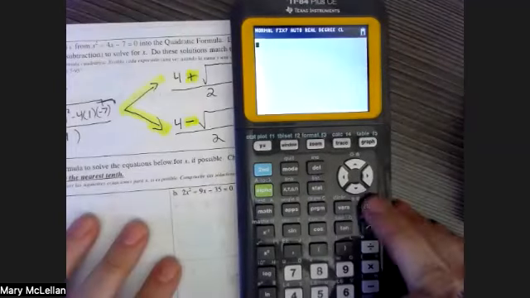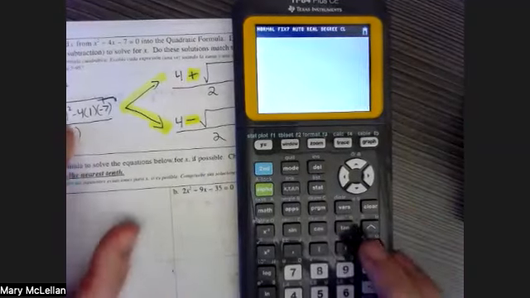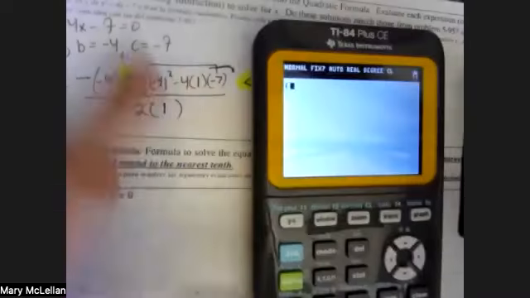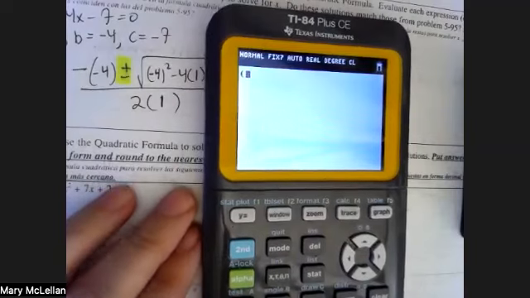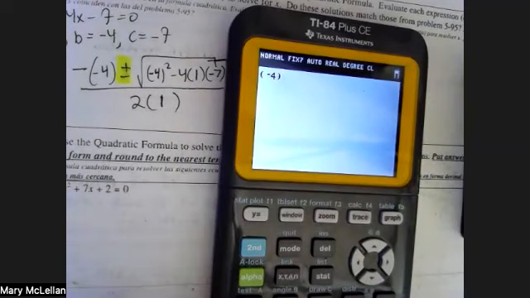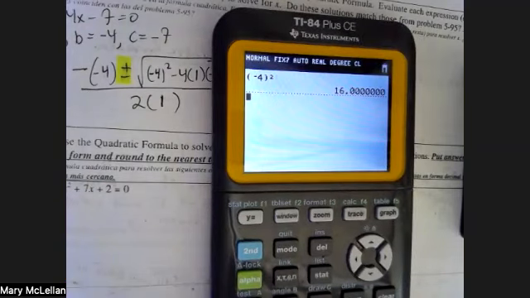When you're using your calculator, you need to be really careful because, for example, I'm going to do the square root. I'm going to do negative 4 squared. If I use parentheses, negative 4 squared gives positive 16, which it should, because negative 4 times negative 4 is positive 16.